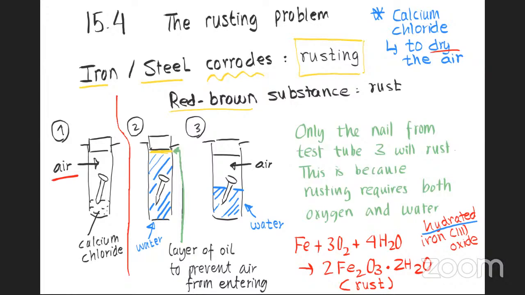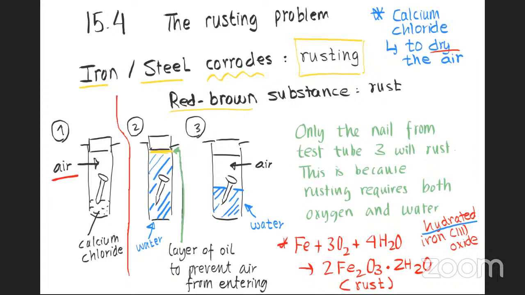In the third case, however, you have both water and air, meaning that the nail is exposed to both, so over time there is going to be rust on the nail. The nail is going to start corroding and you will see the reddish brown substance forming on the nail. That is because it undergoes a chemical reaction.